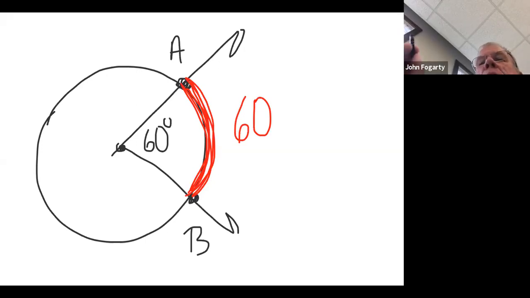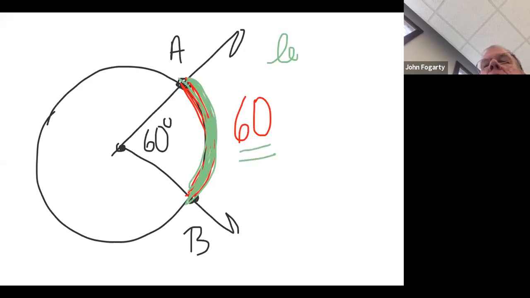Well, what we're going to do next week, we're not going to talk about the measure of it. We're going to talk about the length of it. So the measure of it might be 60, but the length of it, well, that could be 5 feet, right? So that's what we're going to do next week. But that's not what we're doing now, all right? We're going to talk about the length of an arc. All right? So far, so good?